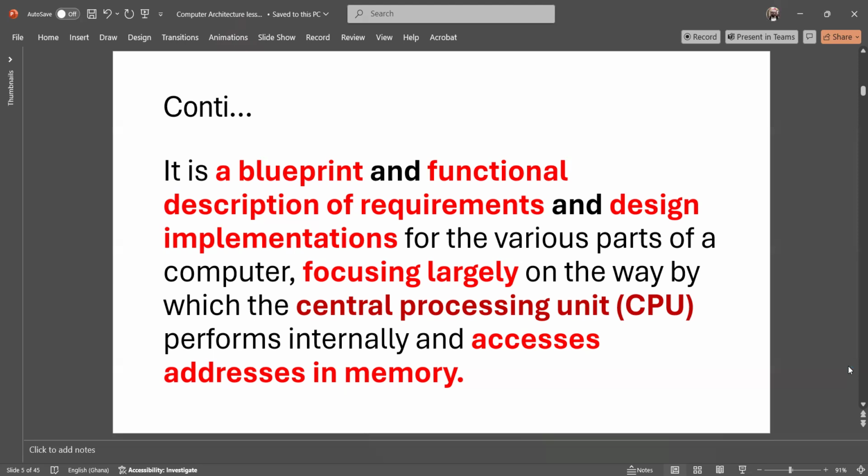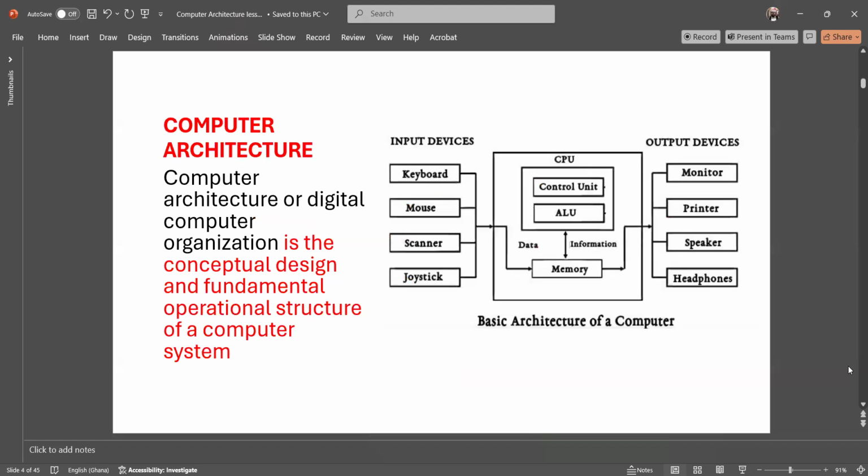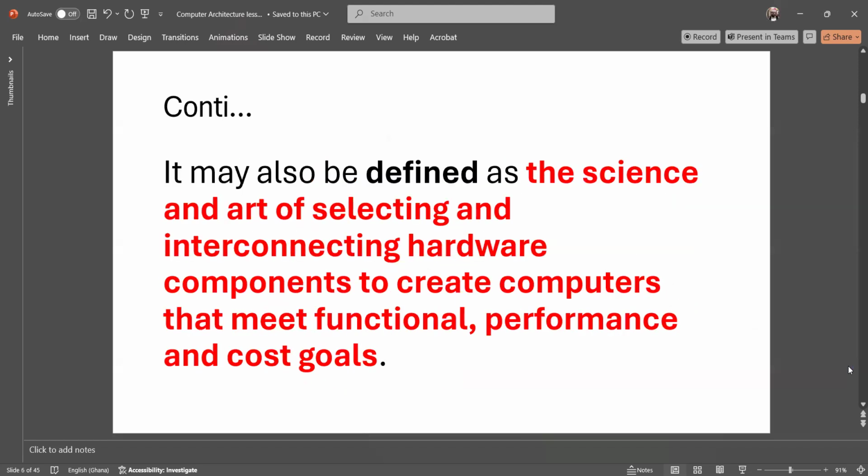So, in computer architecture, another definition we can go through is that we can say it is the science and art of selecting and interconnecting hardware components to create computers that meet functional, performance, and cost goals. Of course, if I was given unlimited money to build the best laptop in which I could build, I would apply the money into it and build the best laptop I can build.